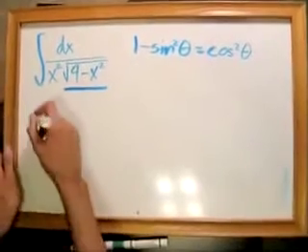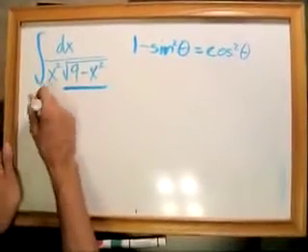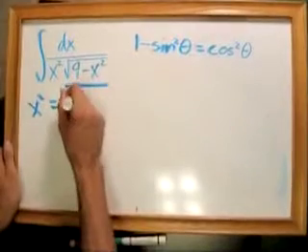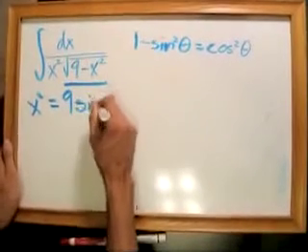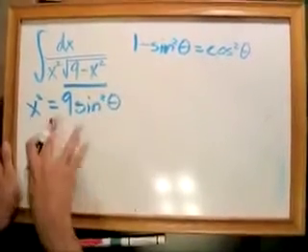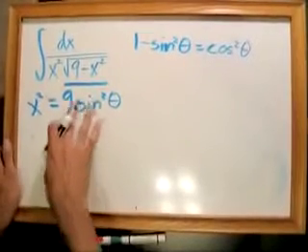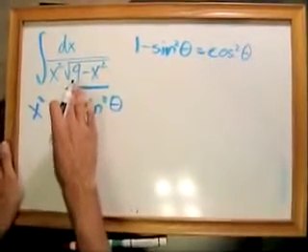So the first step is to set x squared equal to 9 sine squared theta. And the reason it's 9 sine squared theta is because we need to be able to factor out a 9 from the square root.